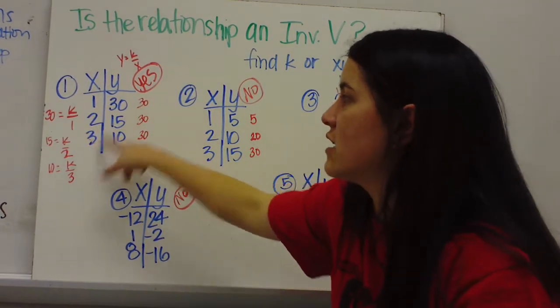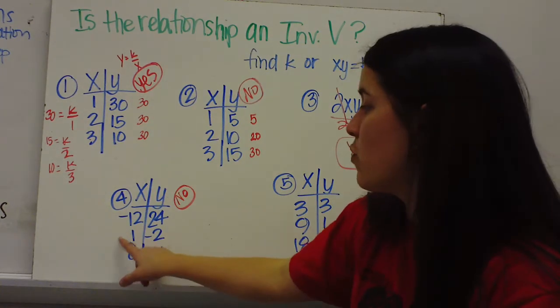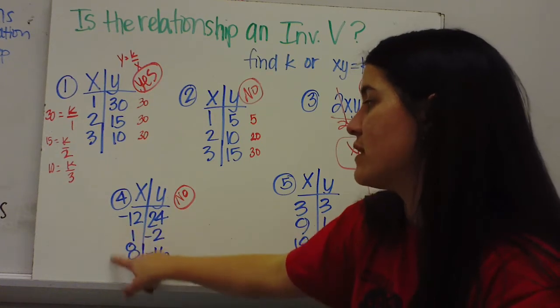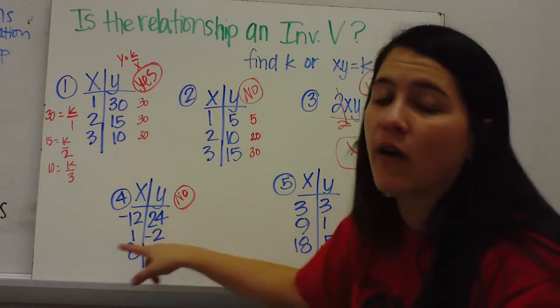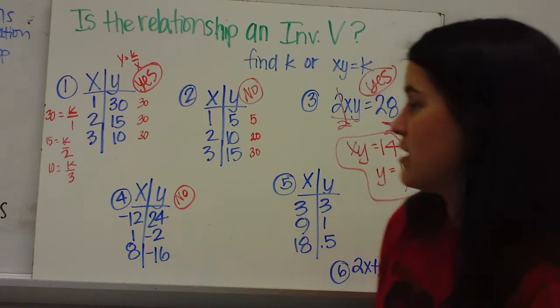See, this is getting bigger and this is getting smaller. From 1 to 8 and negative 2 to negative 16, these did get smaller and these did get bigger, but when you multiply it across, you see that you do not have a constant k. So you just want to pay attention to that.